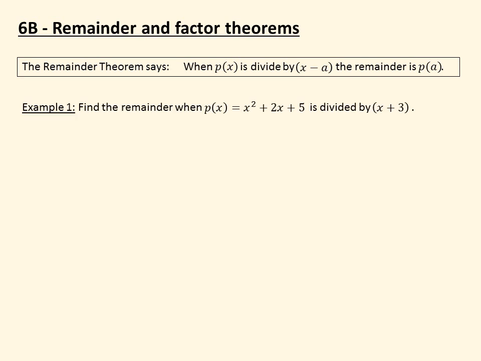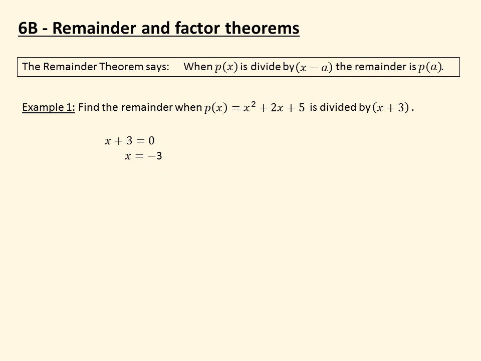So in example 1 we could divide the polynomial p through by x plus 3, but an easier way is to use the remainder theorem. If we take the expression we're going to divide by, x plus 3, and set that equal to 0, we can solve this to get x equals minus 3.